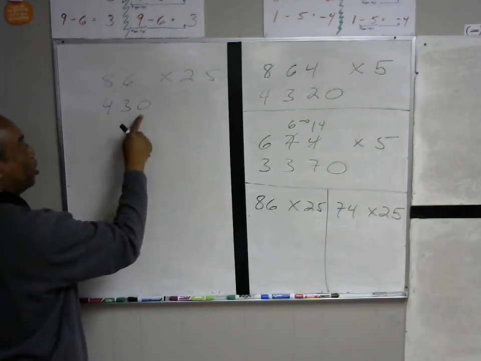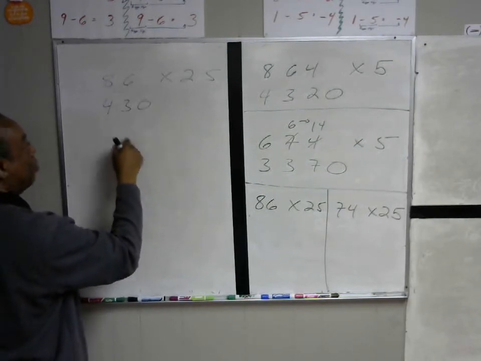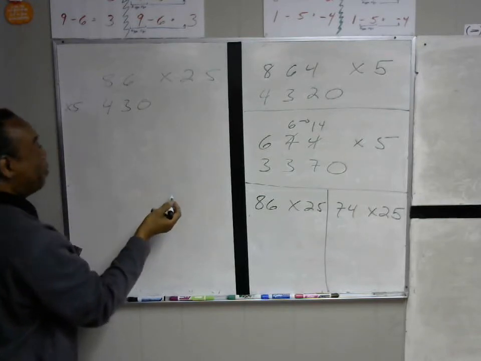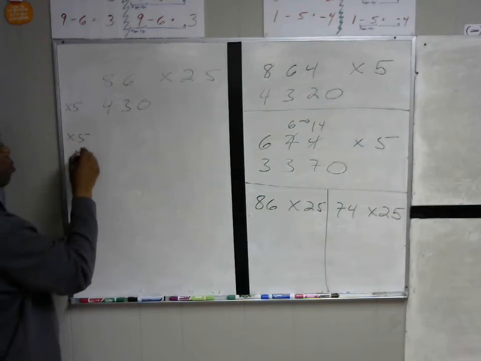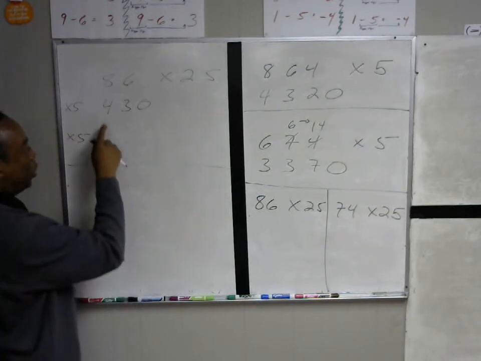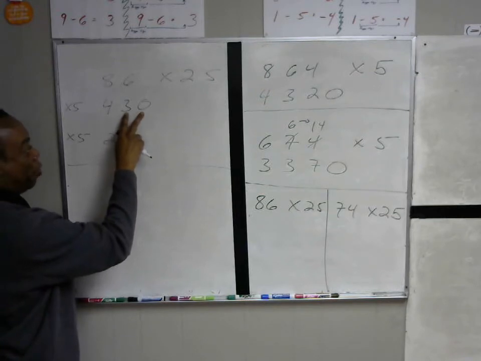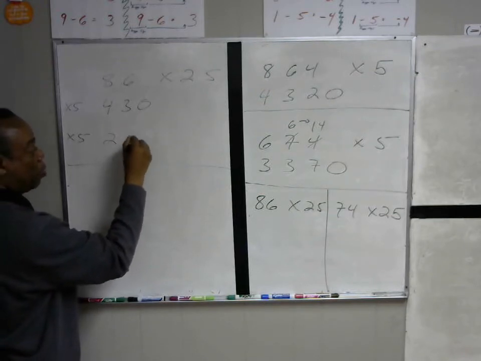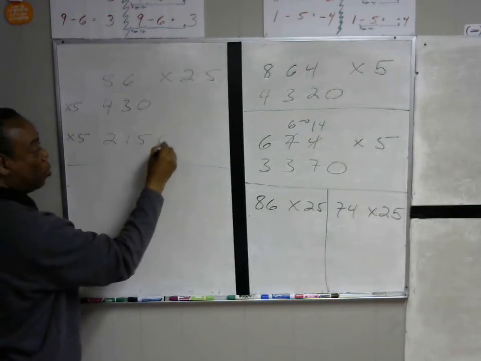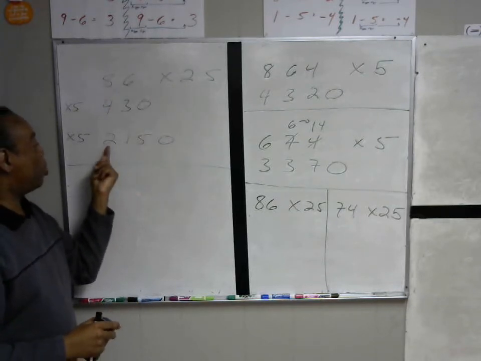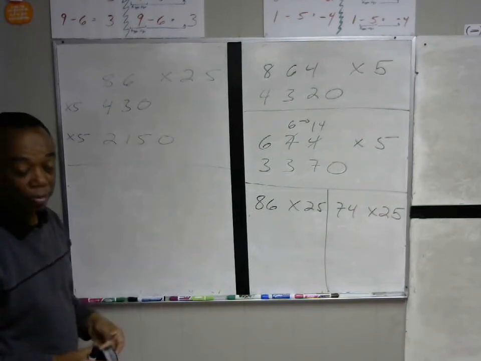This right here is multiplying by 5. If we multiply by 5 again, we take half of 4, which is 2. We have a 30 here. Half of 30 is going to be 15. And then we add a 0. So 86 times 25 is going to be 2,150.